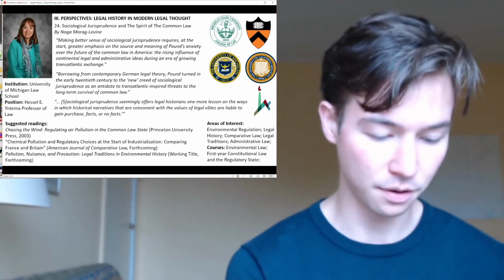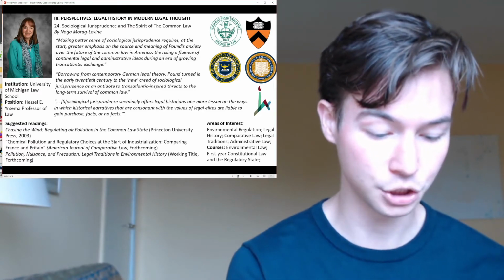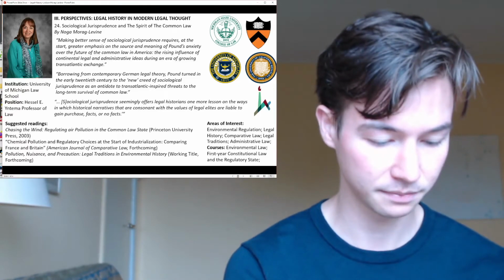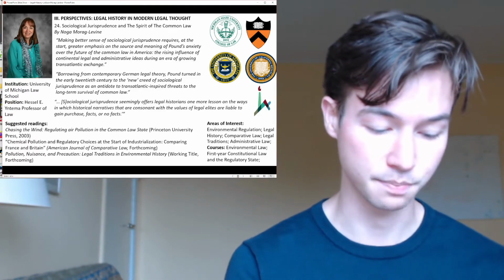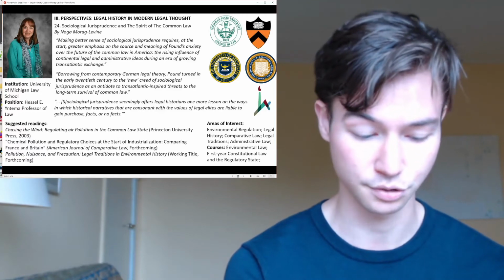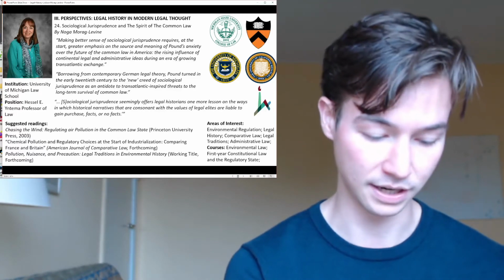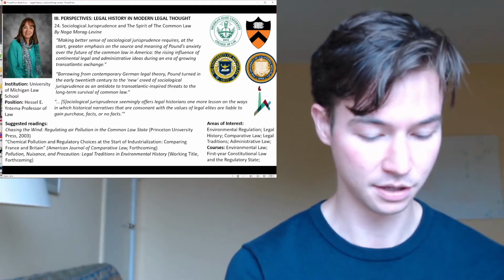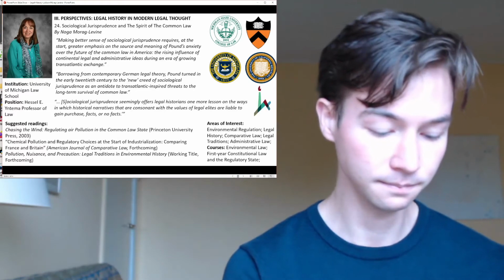So Pound, borrowing from contemporary German legal theory, particularly Jhering, but not drawing from those such as Puchta, turned the early 20th century to a new creed of sociological jurisprudence as an antidote to transatlantic threats to the long-term survival of common law.